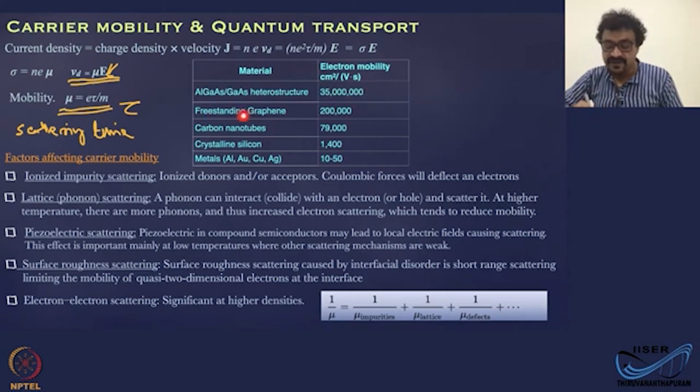Whereas the graphene, which is a later generation, a perfectly two-dimensional material system, is also pretty close, 200,000. The units are centimeter square per volt second. And when you come to the normal semiconducting materials such as silicon, it is pretty low. And the metals, it's even lower.